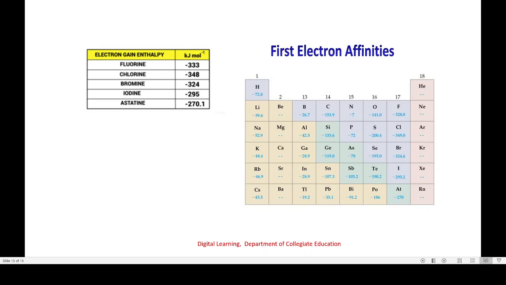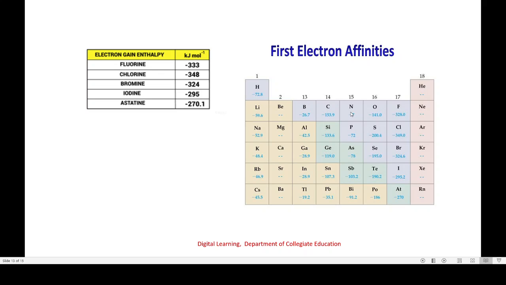When we look at the electronic configuration of beryllium and magnesium, beryllium has 2s2, magnesium 3s2, and 4s2 in the case of calcium, and here they have a completely filled s subshell, so they have little tendency to take up an electron, and hence the electron gain enthalpy is almost zero.